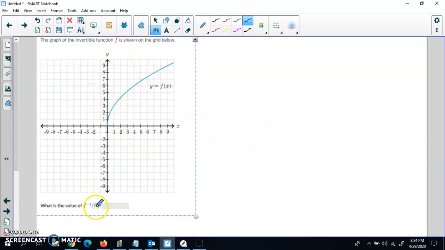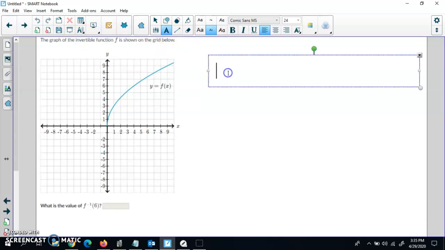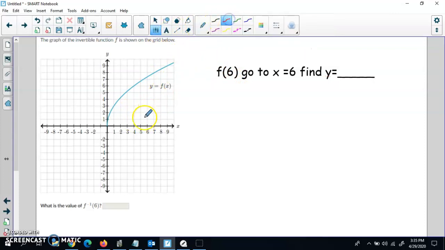All right, let's take a look at our next one. Oh, good. So f inverse of 6. Let's just follow the same logic we just did. If we're doing f of 6, that means go to where x equals 6 and find what y equals. If we're reading this like a regular old graph, like we learned how to read in 8th, 9th, 10th grade, we would go to x equals 6, and we'd say, oh, it's up here, about 7.2.